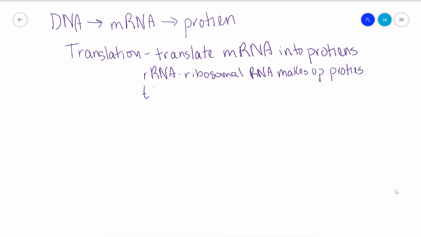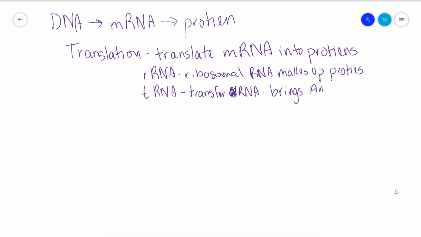And tRNA is called transfer RNA. It brings amino acids, which we know are the building blocks of proteins. We know that from way back.